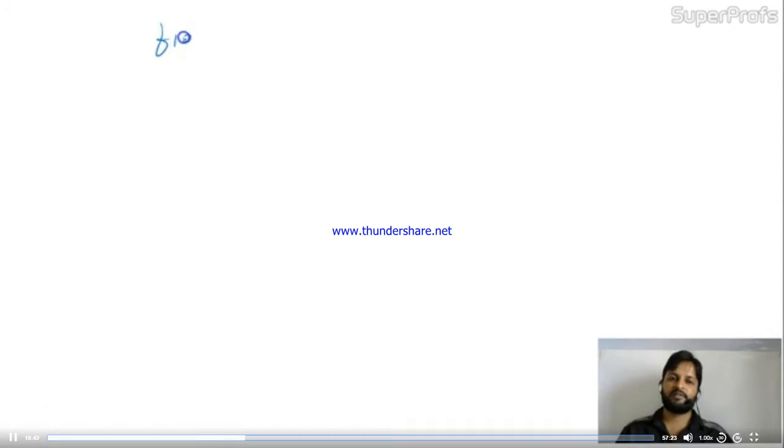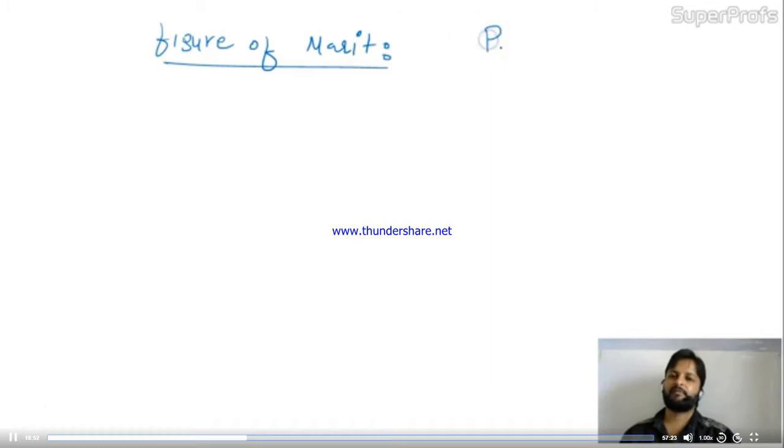Now we'll see figure of merit. These are the basic terms. So this is the maximum power dissipation through the BJT. Inside of the power amplifier, it is made up of BJT circuits, right? So we are applying the input DC, we are giving the power. So the power will be dissipated because of the various resistive elements, right?